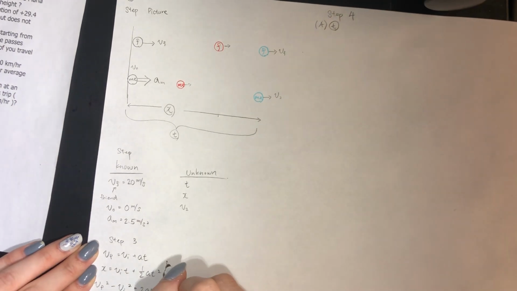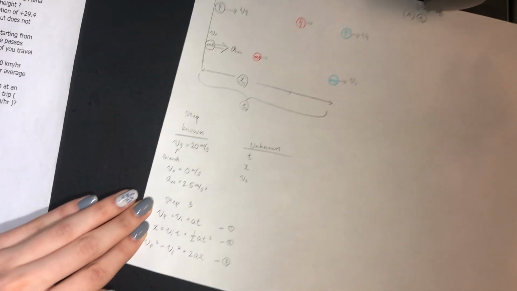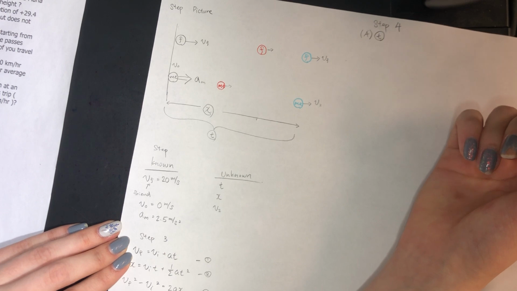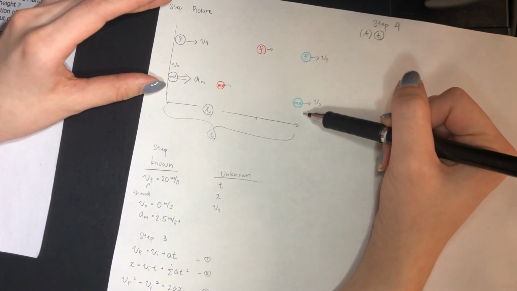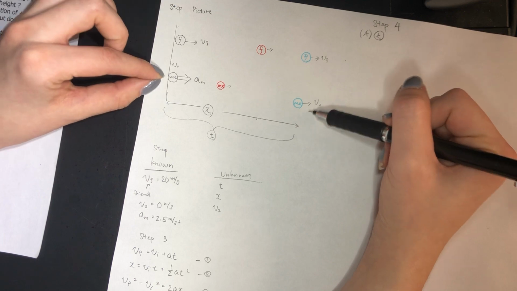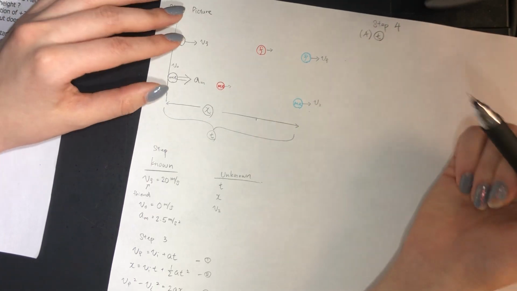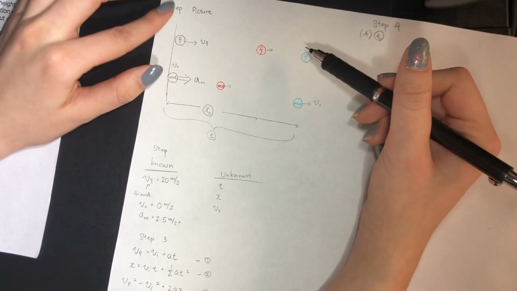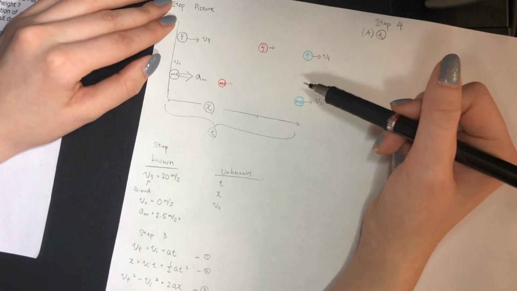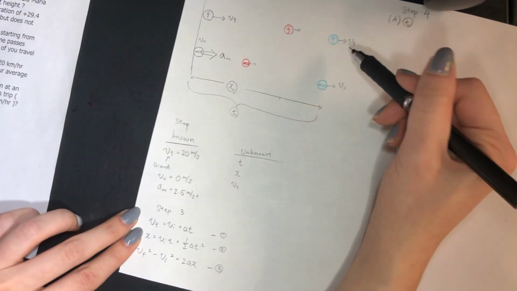Okay, let's look at our equations. Question, is the time going to be different for you or the friend? No. We're talking about the same friend, so it doesn't matter which person we look at to find the time, because it's the same time, right? So let's look at our friend.